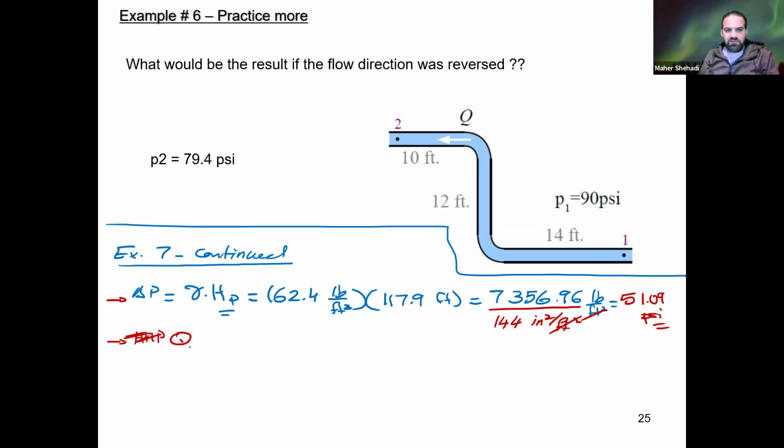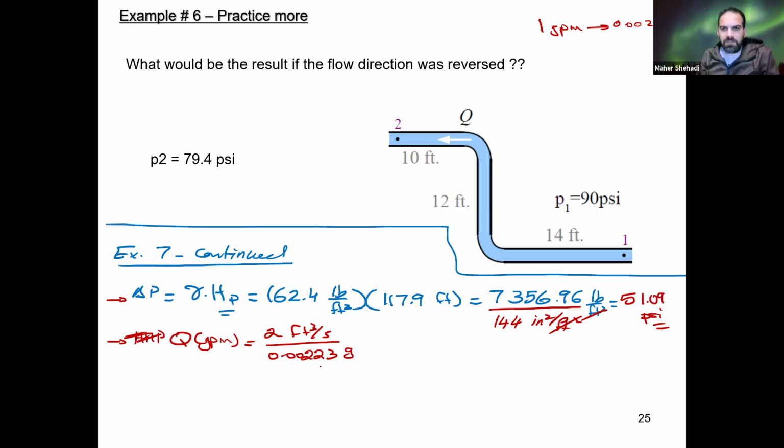First, let's do the flow rate. So Q in GPM is 2 cubic feet per second. I'll divide that by 0.00223. Wait, so 1 GPM is that number in cubic feet per second, I believe.